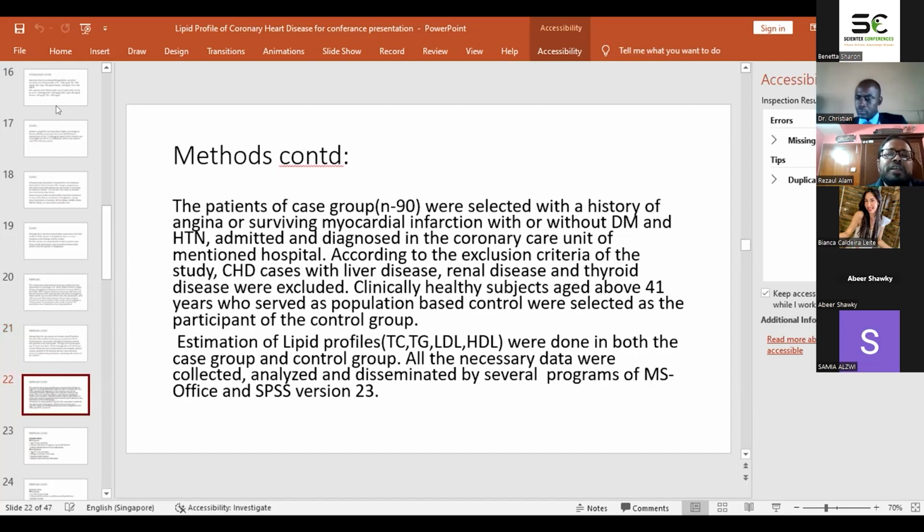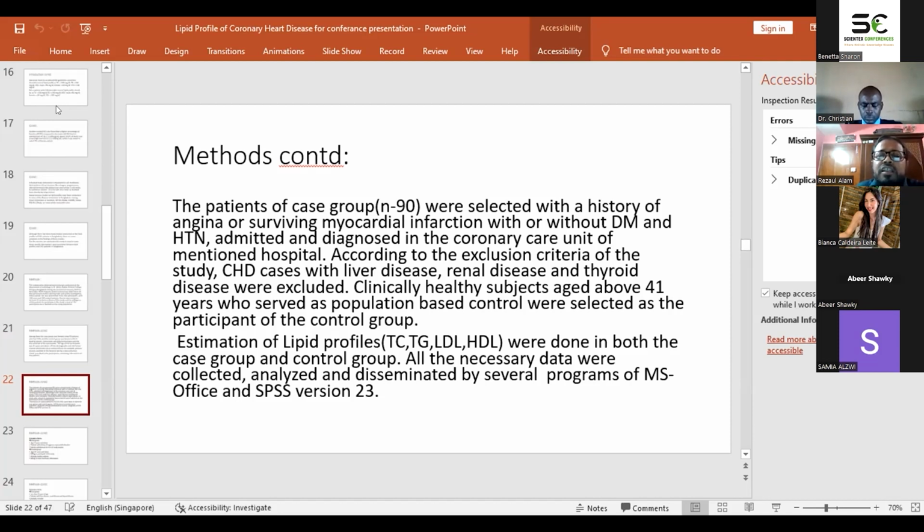The patients of the case group, the number 90, were selected with a history of angina and or surviving myocardial infarction with or without diabetes mellitus and hypertension, admitted and diagnosed in the coronary care unit of the mentioned hospital. According to the exclusion criteria of the study, coronary heart disease cases with liver disease, renal disease, and thyroid disorders were excluded.